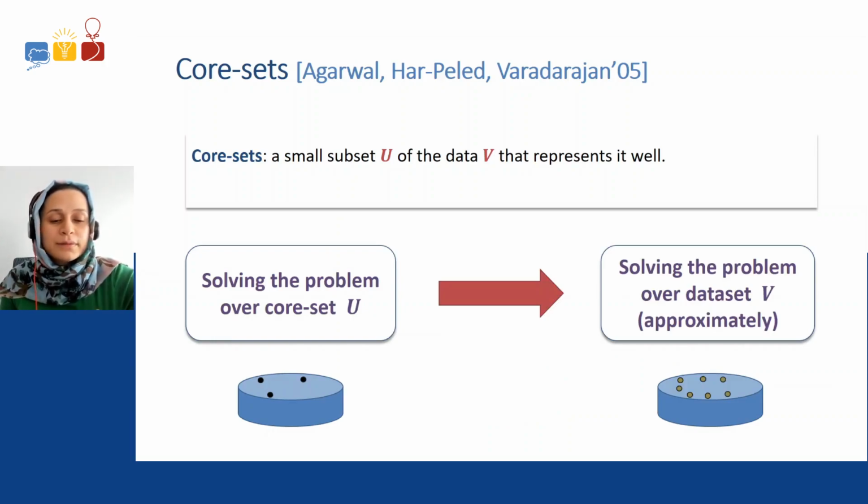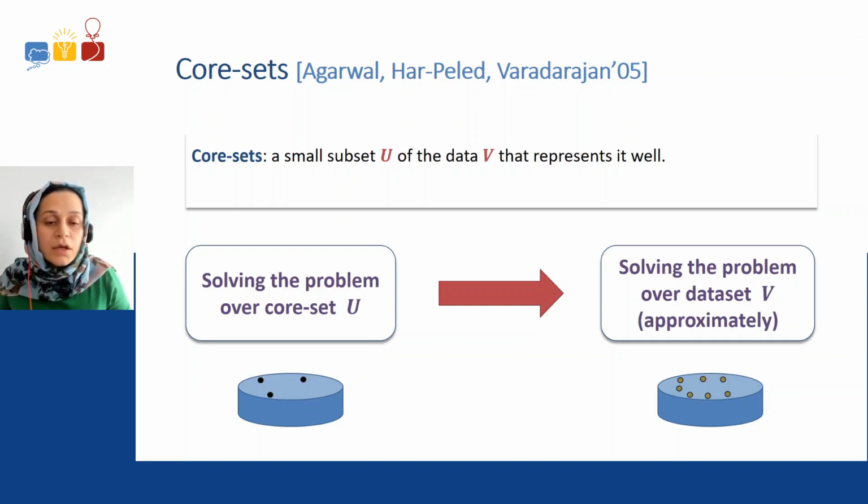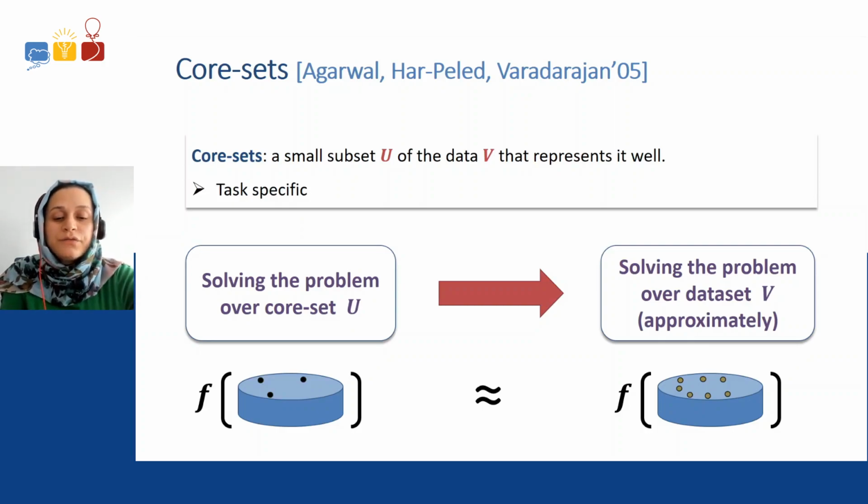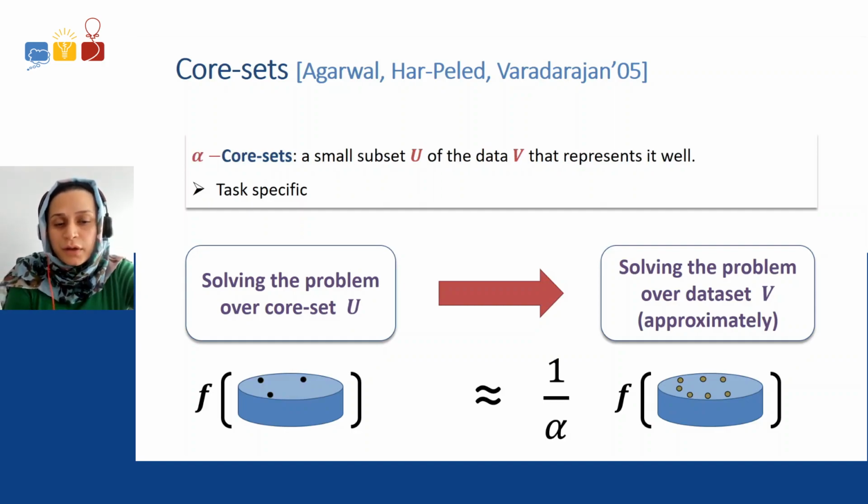Basically, if we have a problem that we would like to solve on a data set, and we can solve the problem on this small subset and this gives a good approximation, then I say that I have a coreset. Mathematically, suppose we have a function f that we want to optimize on our data set. If the optimal value of the function f over this small subset approximates the value of the function f over the original data set by a factor alpha, we say that we have an alpha-coreset.